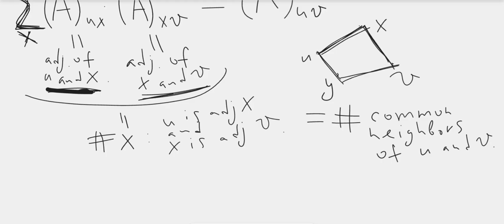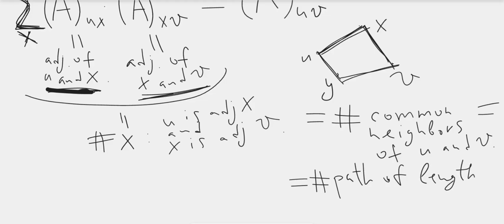But this also can be rewritten as the number of paths of length 2 between U and V. Right?